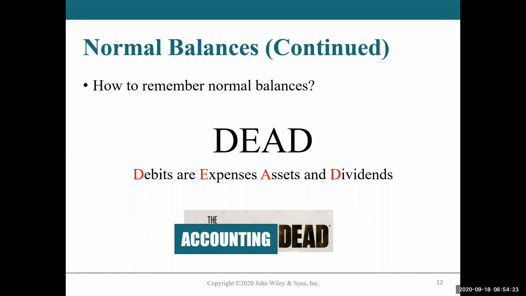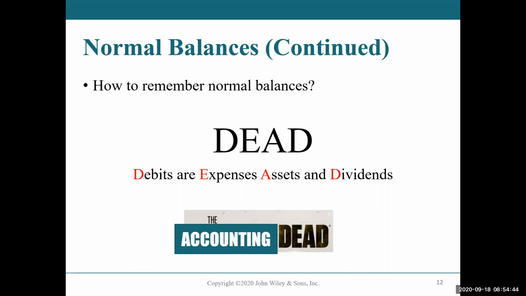So if the normal balance in expense, assets, and dividend accounts is a debit, that means the normal balance of credit will be for the opposites: the opposite of expenses is revenues, the opposite of assets is liabilities, and the opposite of dividend is your equity.